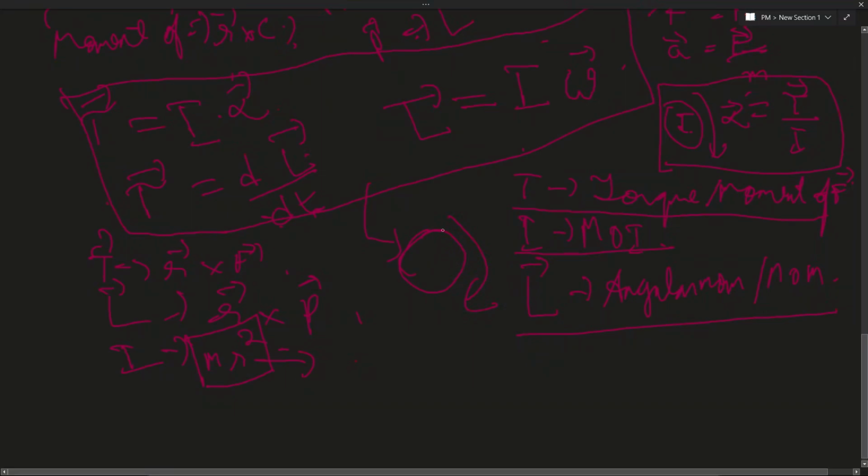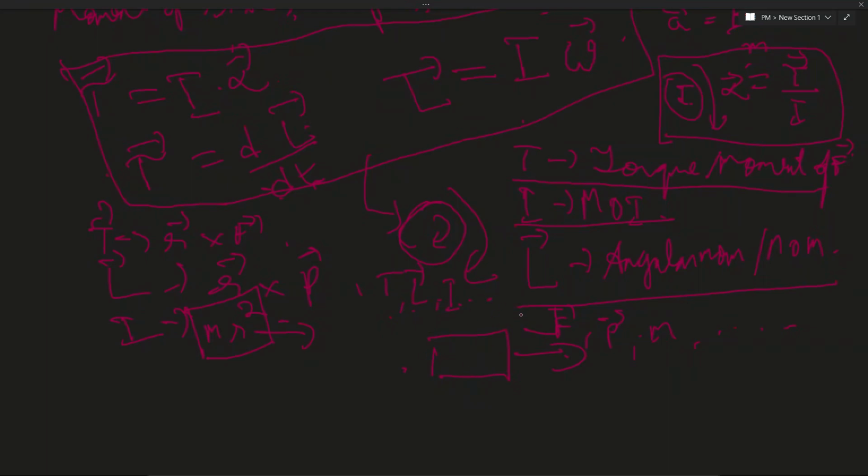It follows the same pattern that a body follows in linear motion, if we look at the properties of the body in terms of torque, angular momentum, moment of inertia and other analogues, instead of force, momentum and mass and so on.